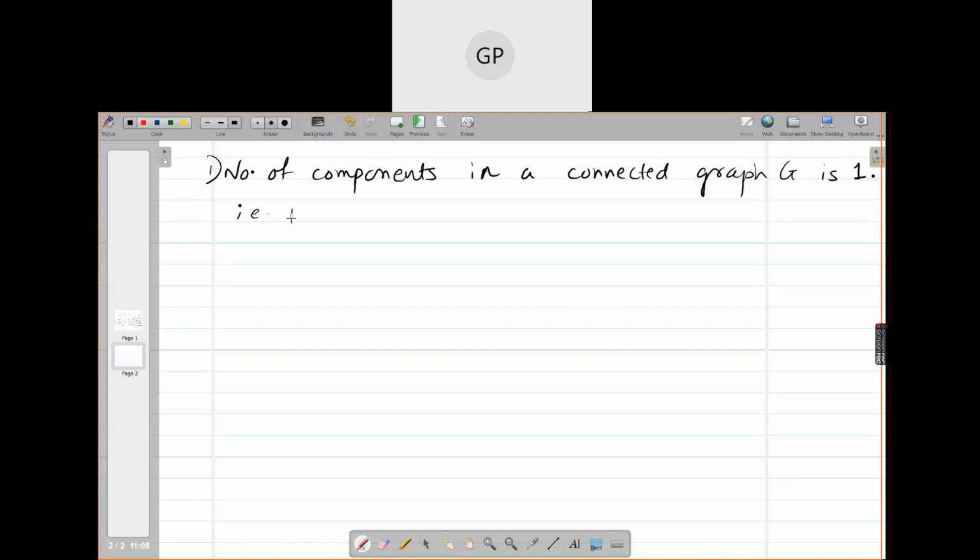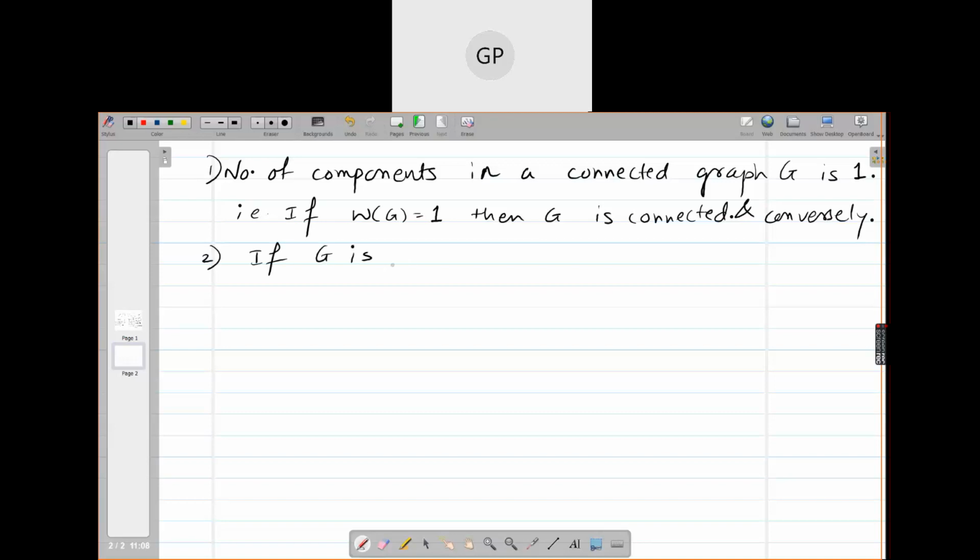That is, if W of G is equal to 1, then graph G is connected. And conversely, if graph is connected, then W of G is 1.